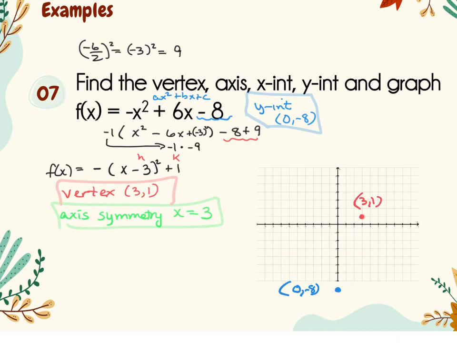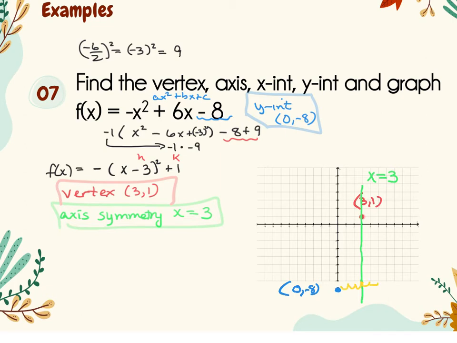I can add in my axis of symmetry. So I can draw in this vertical line. Remember, it's an equation, so it's x equals 3. And now I can use that axis of symmetry to get my third point. So if I count the squares, notice the y-intercept is 1, 2, 3 spaces away.